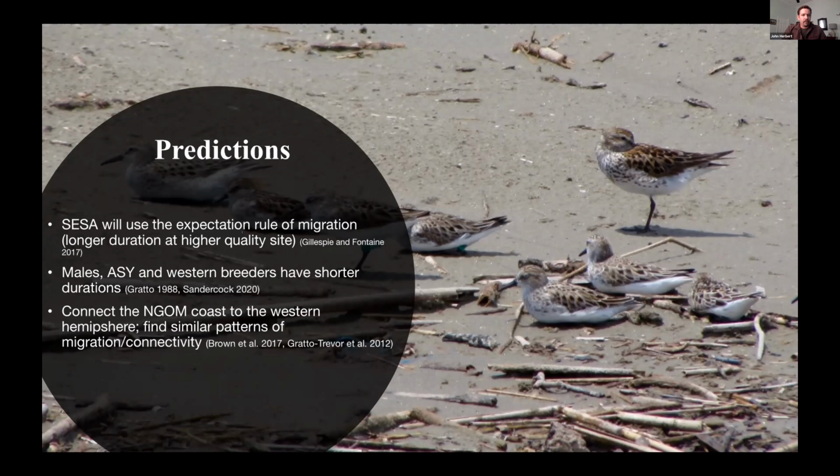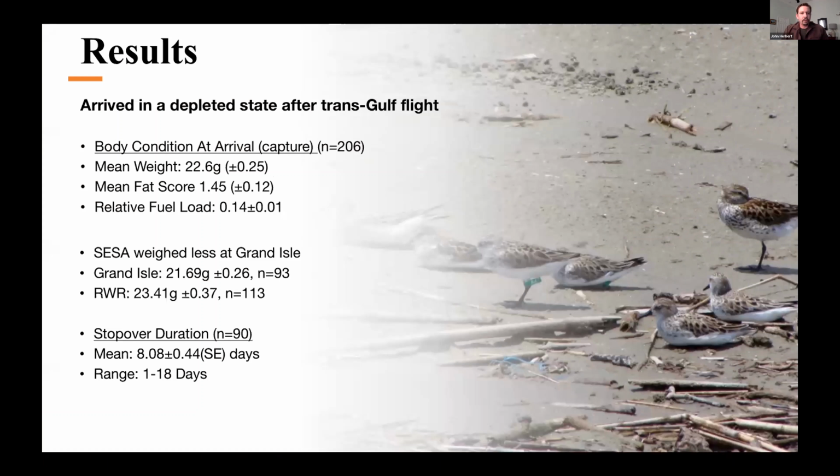Adults have more experience with migration, and Western breeders going to Alaska have a longer distance to fly. So we expected them to have different migratory behavior. And then we also expected to add that to connectivity from the Gulf Coast throughout the Western Hemisphere. All right, so our results.